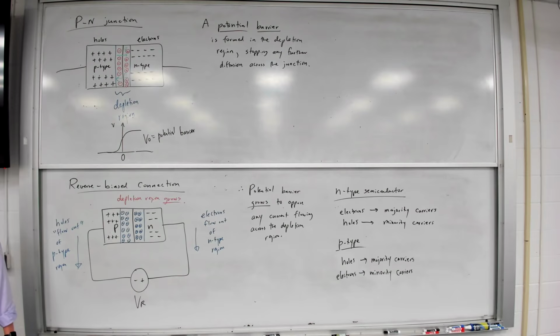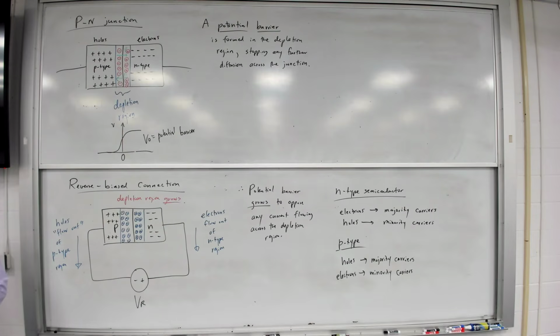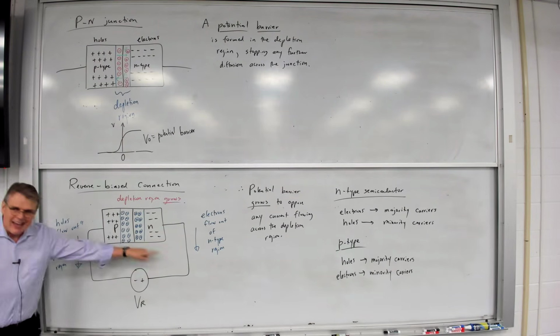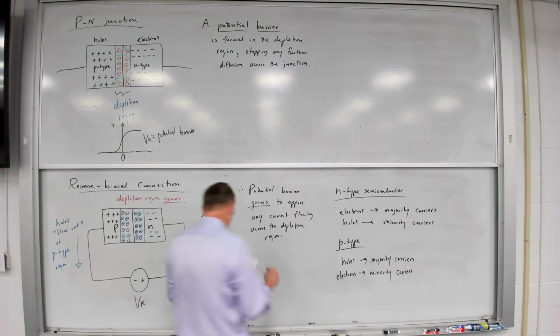Now, there is a very tiny current that can flow because there are minority carriers. There are minority electrons in the p region. There are minority holes in the n region. So you actually do find a very, very tiny current. I'm talking about typically picoamps or femtoamps will flow due to those minority carriers.